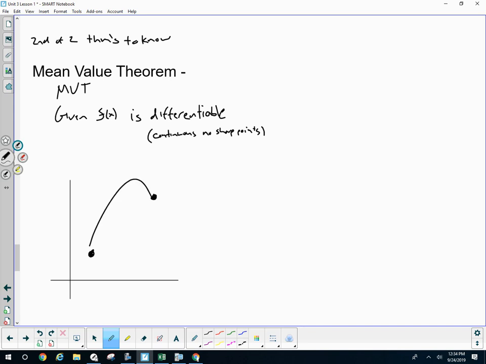What the mean value theorem states, I'm not going to write the whole thing out. I'm just going to say, you are guaranteed on your interval to have a location where the instantaneous rate of change of your function is equal to the average rate of change of your function.